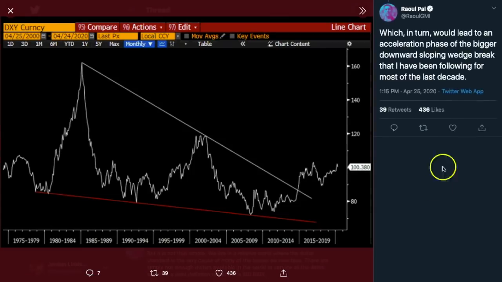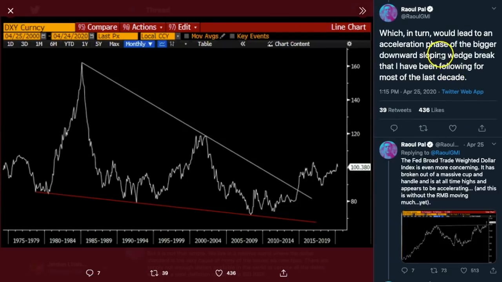He said, which in turn would lead to an acceleration phase of the bigger downward sloping wedge break that I've been following most of the last decade. Here it is. And what he's saying is if we break 103 up here out of the cup and handle, that is then resetting us up over here for a further leg up outside of this wedge breakout.